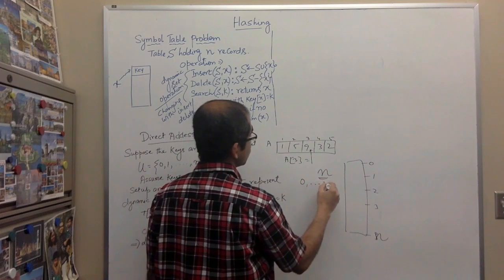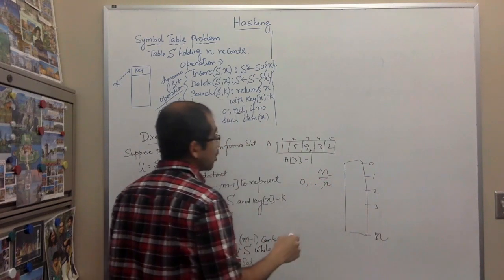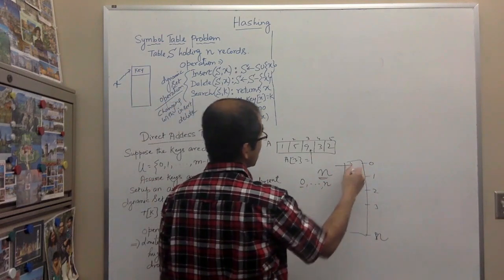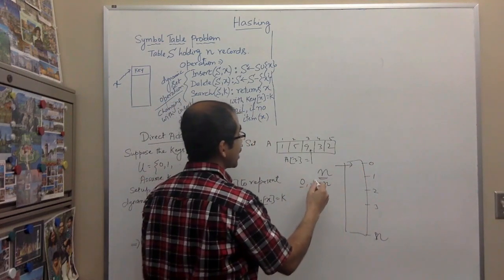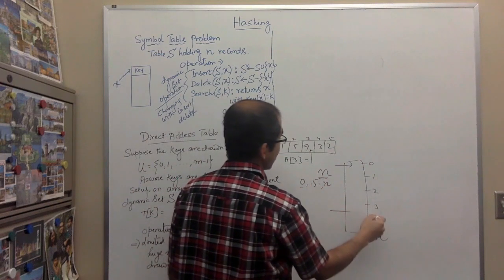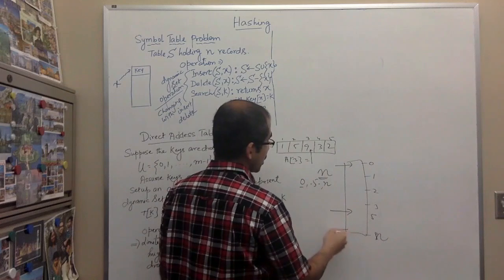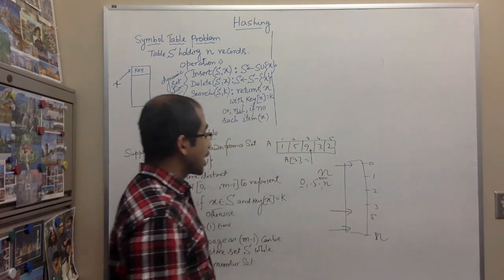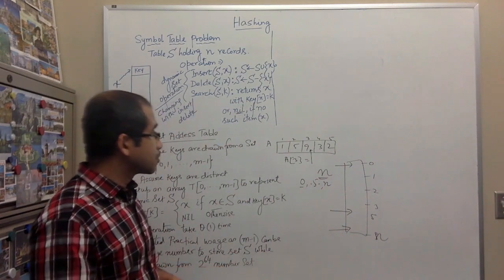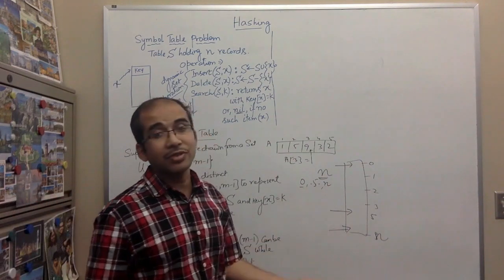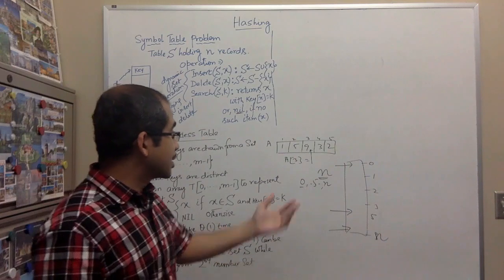Now element 0 can go to index position 0, element 5 can go to index position 5, and similarly element n can go to index position n. In that way it is possible. This is called a direct address table. That means the address itself is serving as the key value.